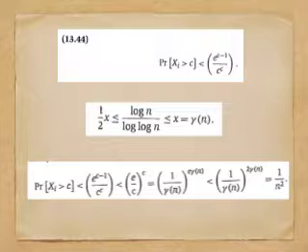Using 13.42, we see that the probability of any processor's load exceeding 32 times log n is at most the probability of xi greater than 2 mu, which is less than e divided by 4, to the exponent of 16 times log n, which is less than 1 divided by e squared to the log n.